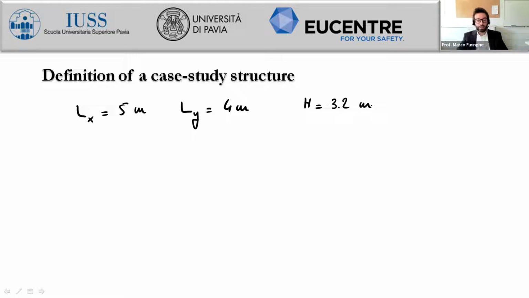Okay. So generally, we have these characteristics. This is a very easy case study structure. We will consider this plan view of the building.